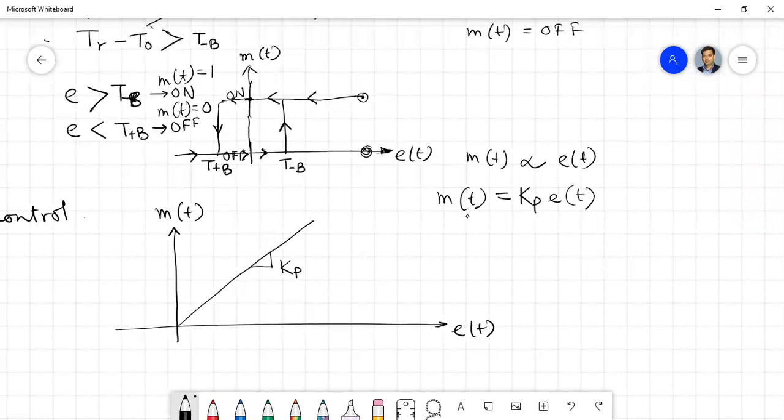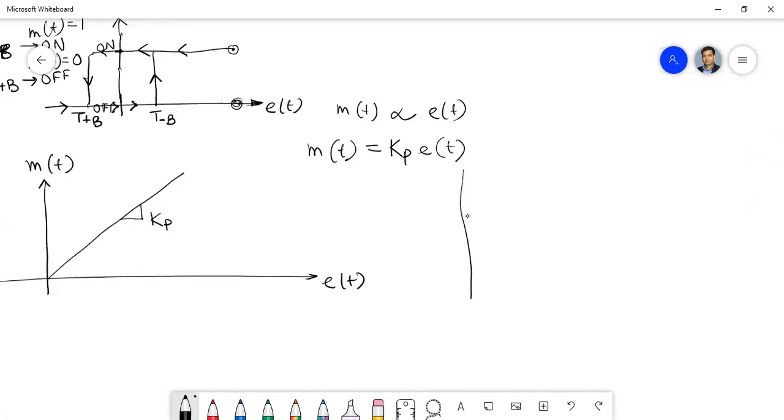Okay, now here if I want to plot the output temperature with respect to the input, and suppose this is my reference temperature TR and I want to plot this T0, what type of curve should I get? Because remember here we don't have any on-off switch.